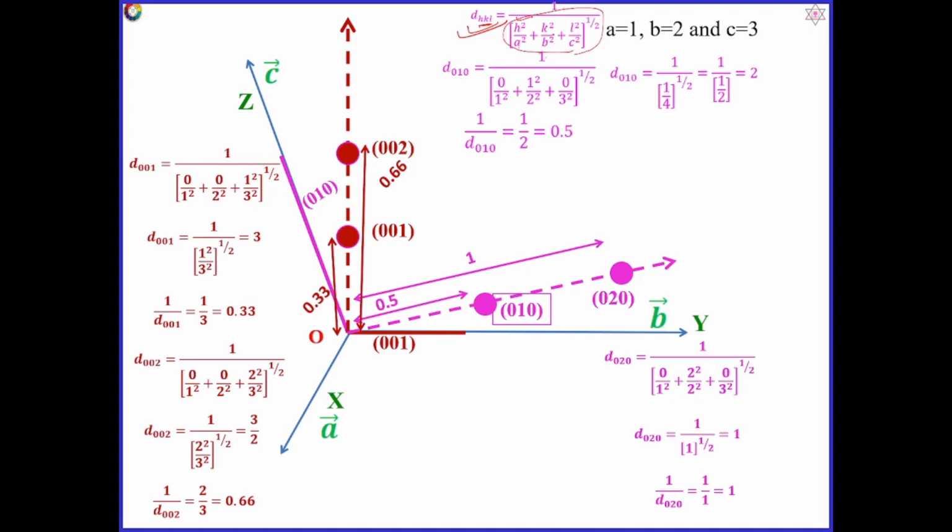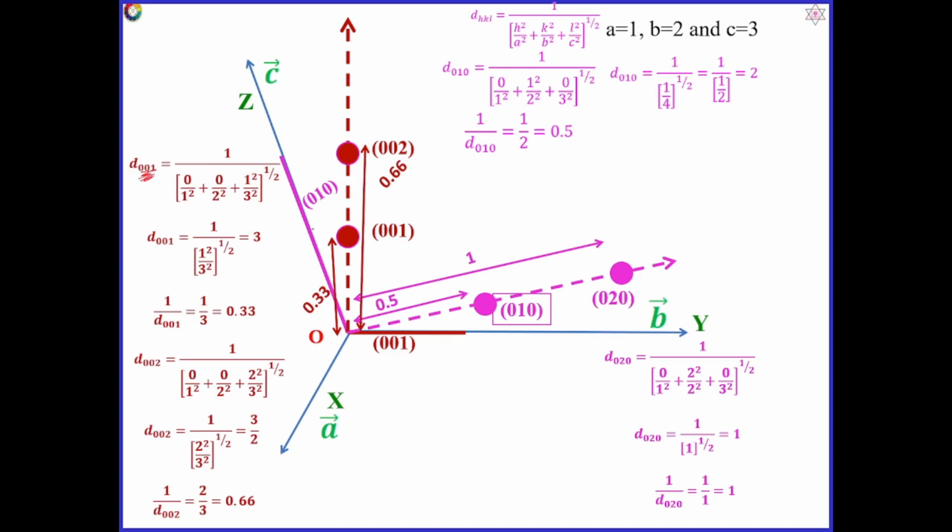As per the example, we consider the a value 1, b value 2, and c value 3. Now we are going to put the values for this particular 0, 0, 1 plane.